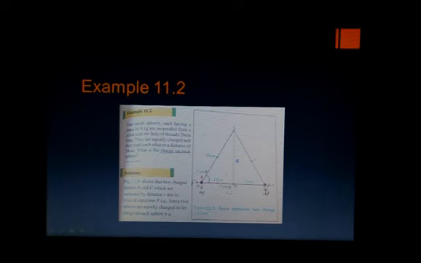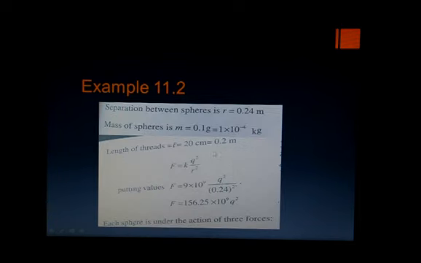BD and DC are equal in length, each of measure 12 centimeter, and 12 centimeter should be converted into meter again. Now you can see here, as I told you, this is R, the separation between the two spheres. This is M, this is L, and Q is unknown.